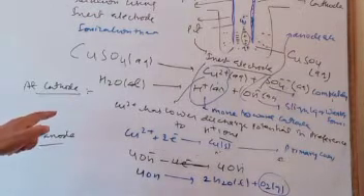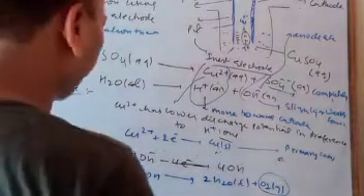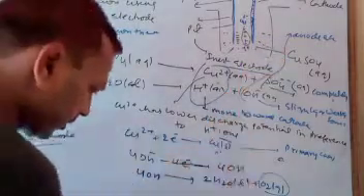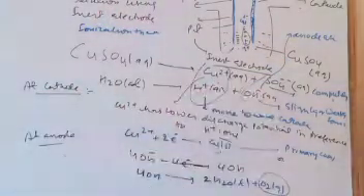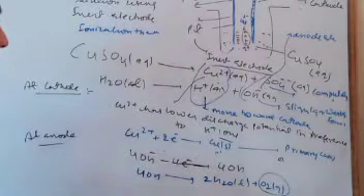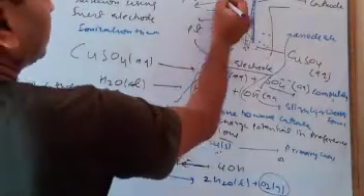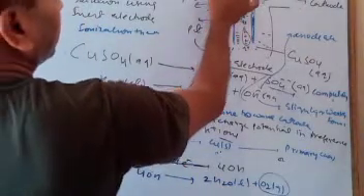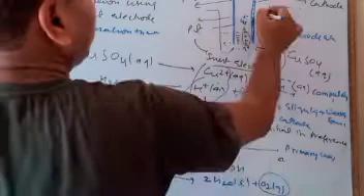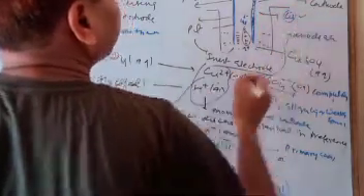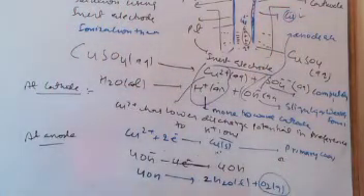Clear? So here copper is deposited at the cathode and oxygen is released at the anode. This is the conclusion of this application.